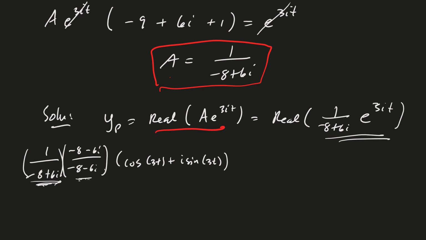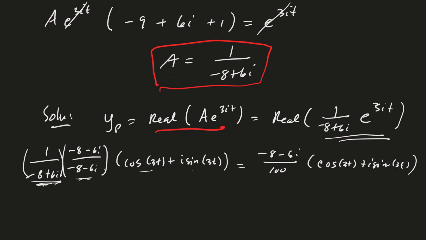And then I multiply this all out times cosine of 3t plus i sine 3t. Just as a quick computational note, this front constant becomes minus 8 minus 6i divided by 100 times cosine of 3t plus i sine 3t.